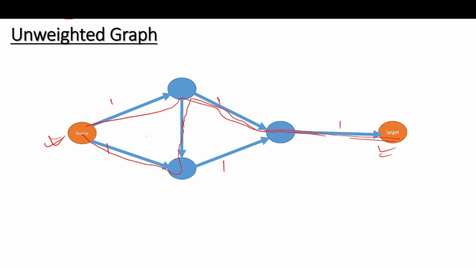If the weight is given, it is more difficult, but if the weight is not given, there can be multiple paths. Even if the weight is given, there will be multiple paths, and we have to find the minimum path between the two nodes, that is, the smallest possible total weight or total cost among all the available paths.